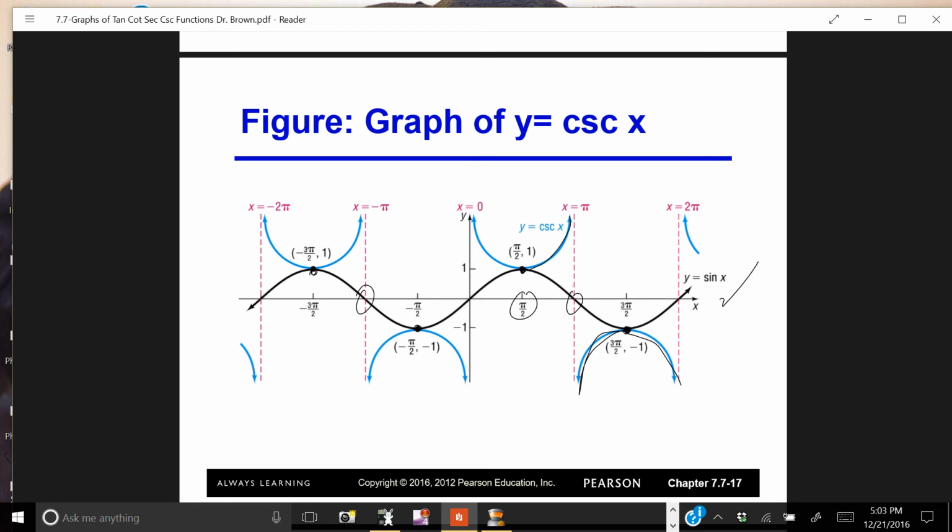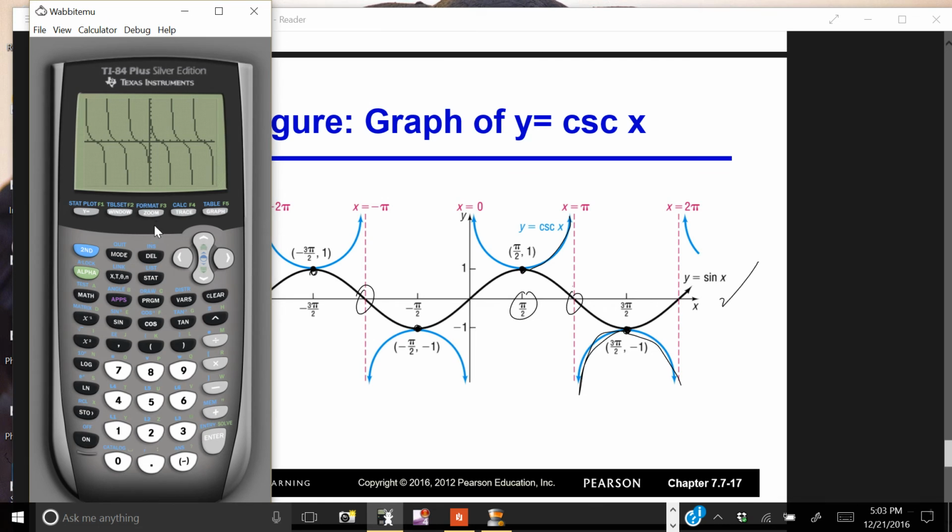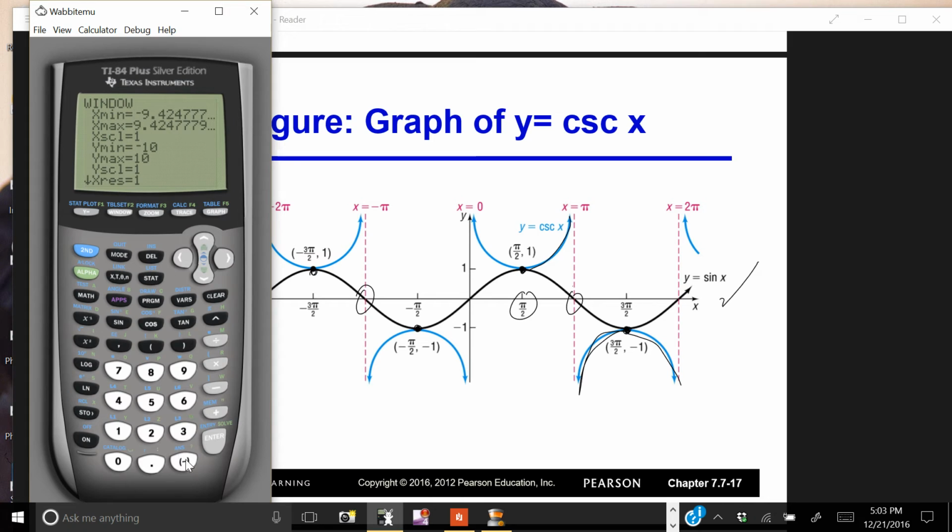So let's do this. Bringing up the calculator, we're going to write that y is equal to 1 over the sine of x. And let's make the window minus pi to plus pi.